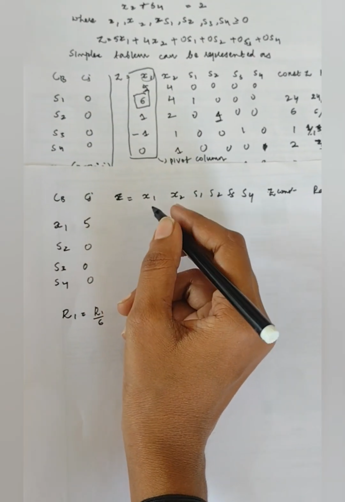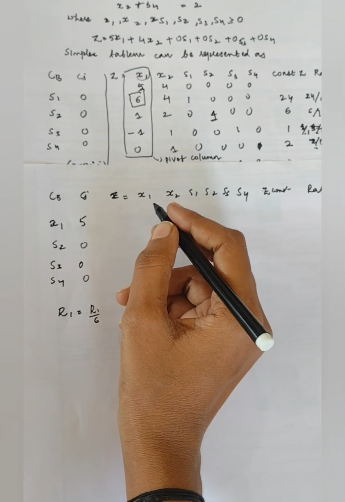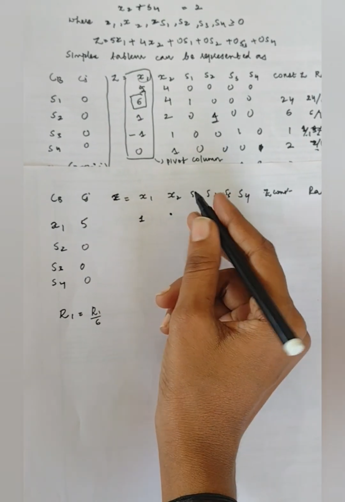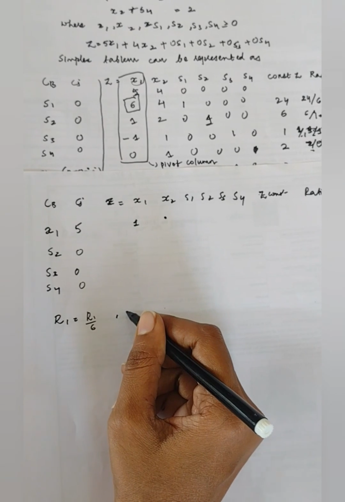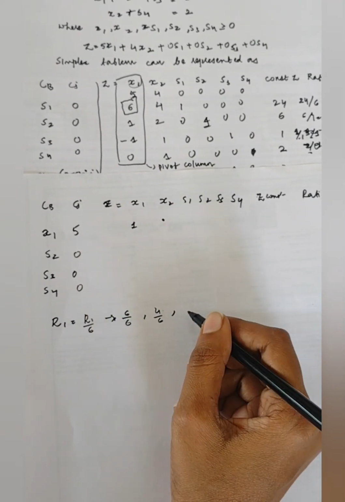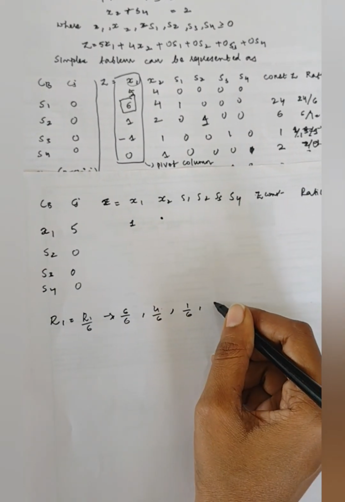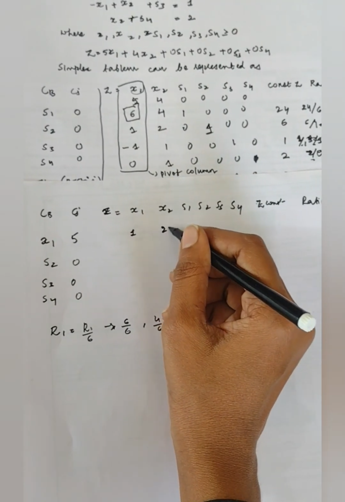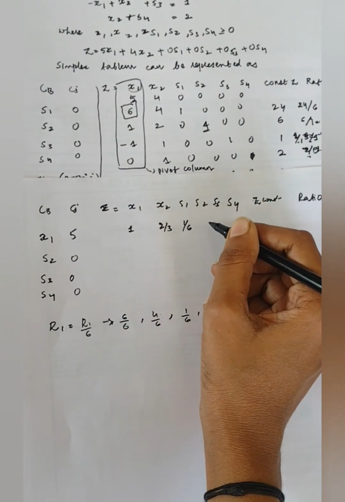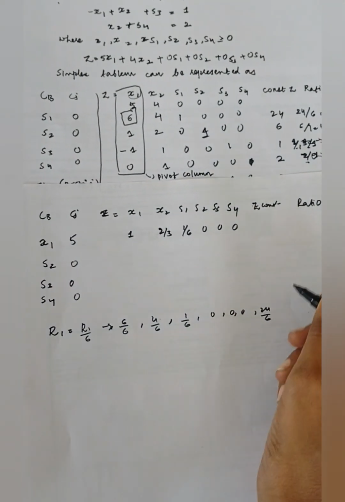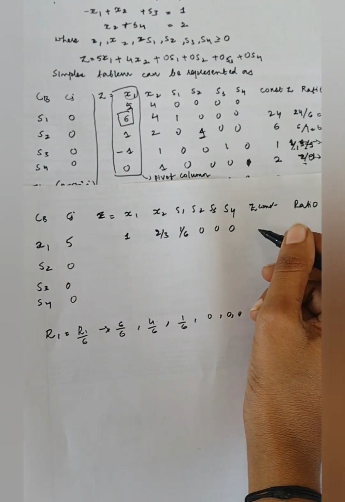So 6 by 6 is 1, 4 by 6 is 2 by 3, 1 by 6, 0, 0, 0. The constant is 24 by 6, that is 4.